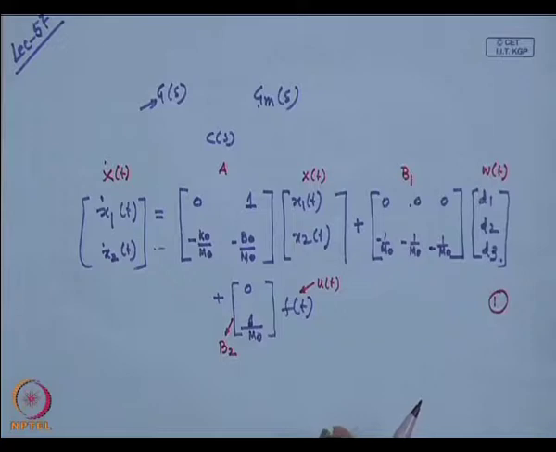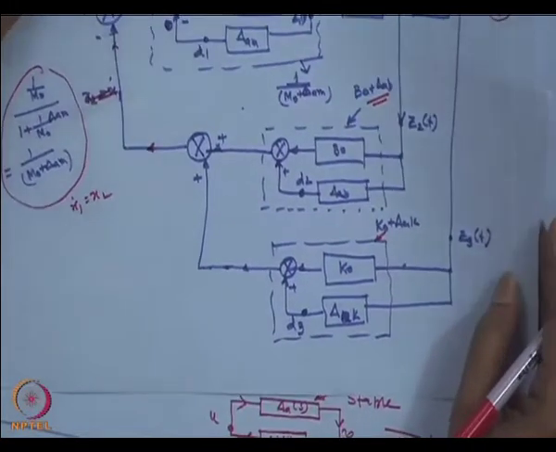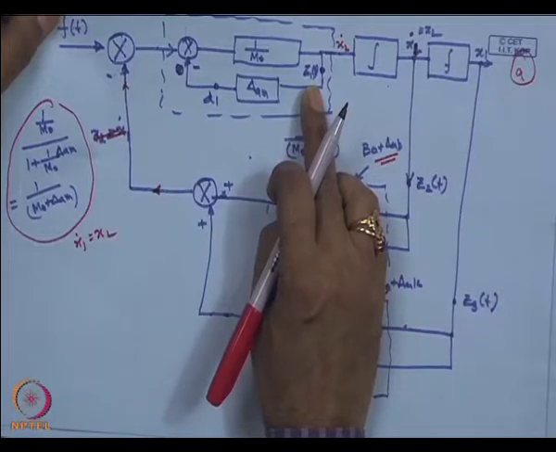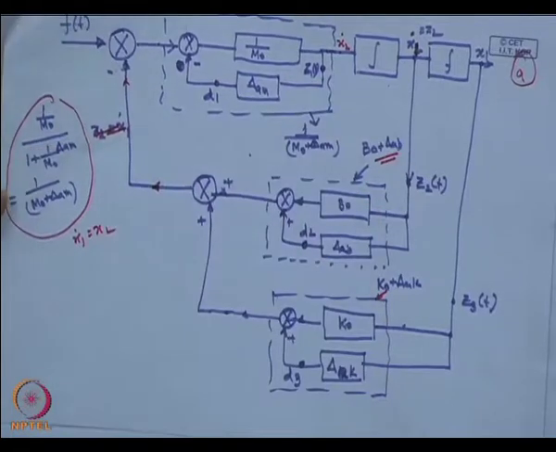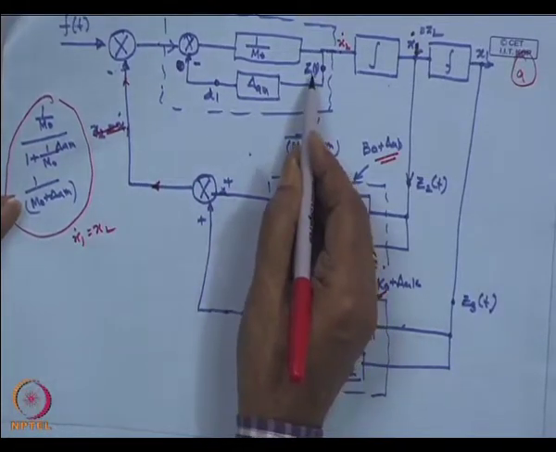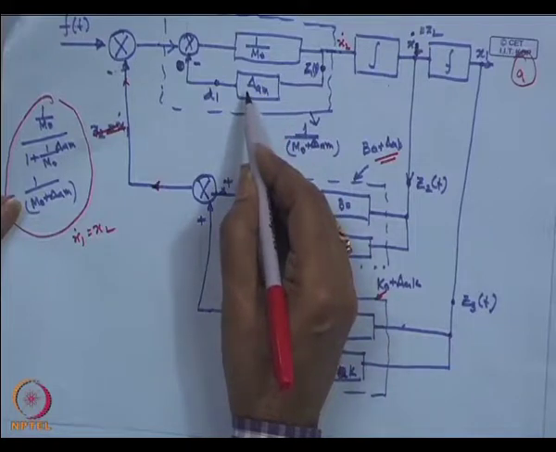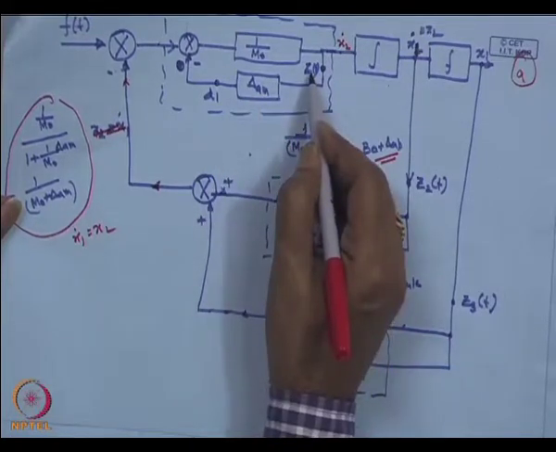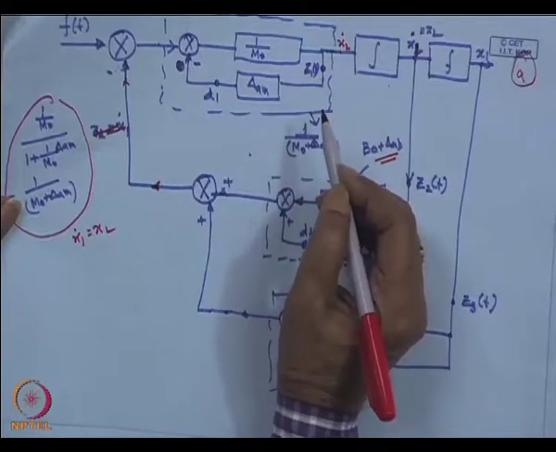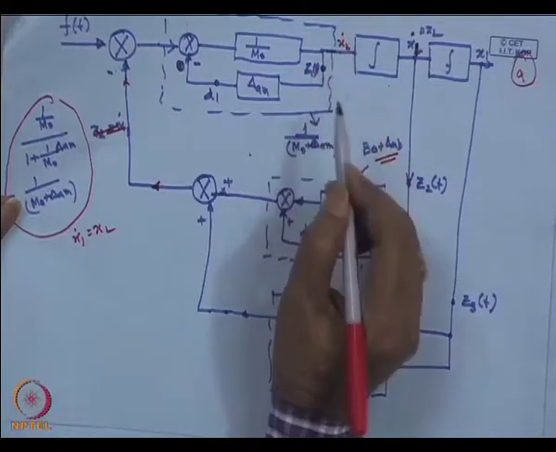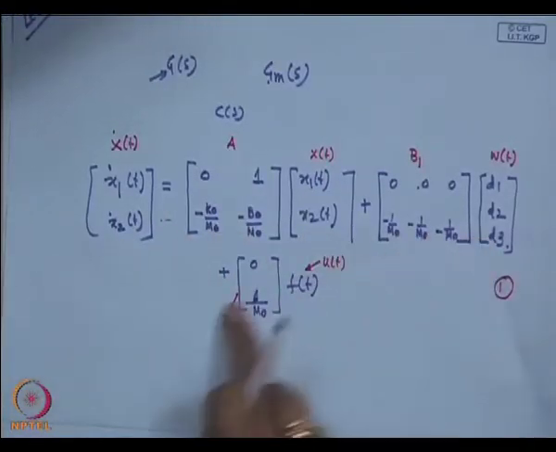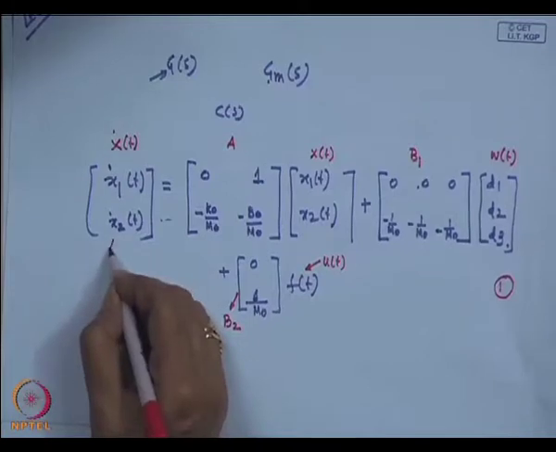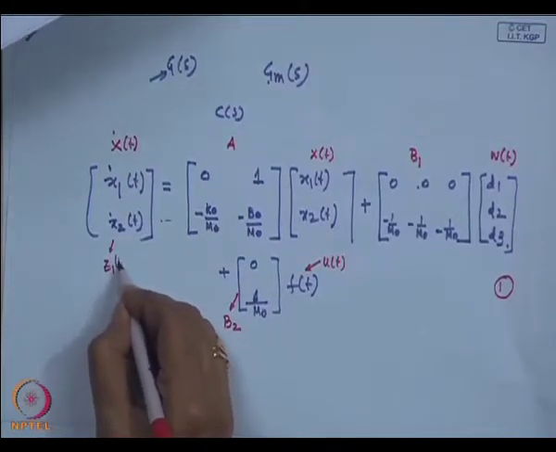Then further we can write the expression of Z 1. How is Z 1 related? If you see this one, Z 1 is multiplied by delta A m, agree, and Z 1 is nothing but x 2 dot. So, I can write the Z 1 expression the same as the x 2 dot expression. This is nothing but our Z 1 of t.